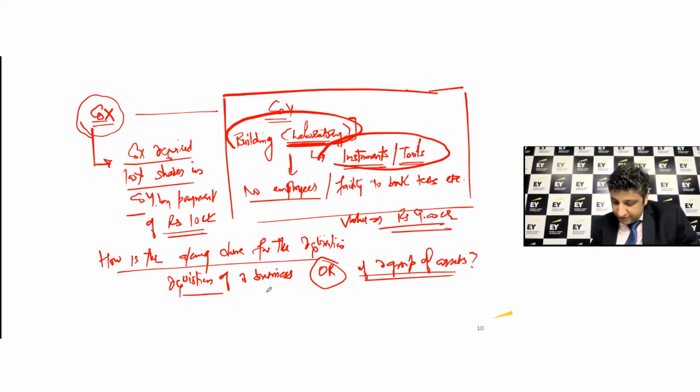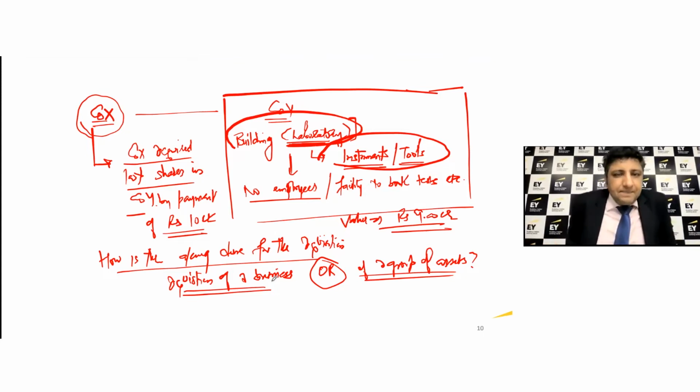It's a very important question. Is there necessarily, in the given case, an acquisition of a business taking place, or should I conclude that it is nothing else but a lot of assets and you are just paying a lump sum amount for all those assets together? What is your thought on that?